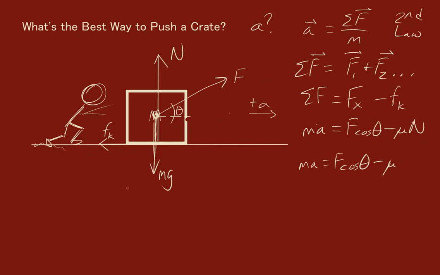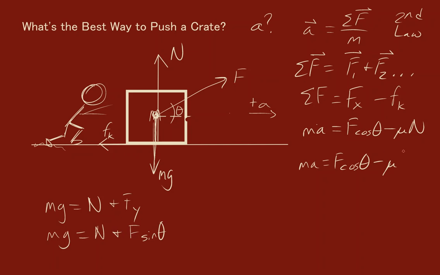According to our y data, the gravity is the only thing pointing down, and if we're in equilibrium, if this crate's not accelerating up or down, the gravity should be equal to the normal plus that y component. So we get mg is equal to normal plus F sine theta.